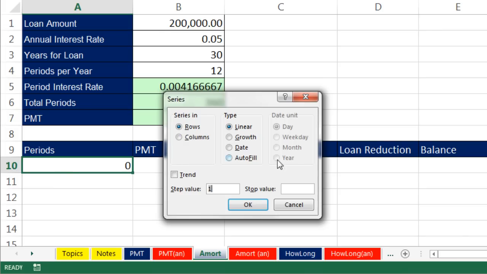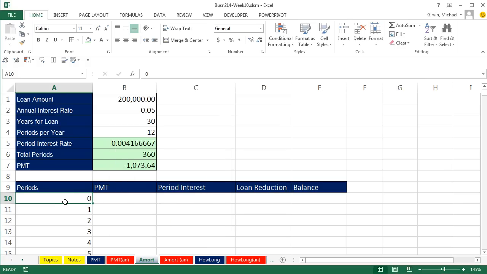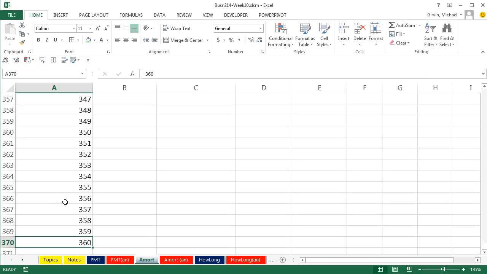In rows, which would put them this way, or in columns, which would put them this way. That's what we want. We want 0, 1, 2, 3, 4, 5, 6 to 360 in this column. The step value, 1, because I want to go 0, 1, 2, 3. And the stop value, 360. I absolutely love this trick. OK. And just like that, Control down arrow, it put in all of those numbers.